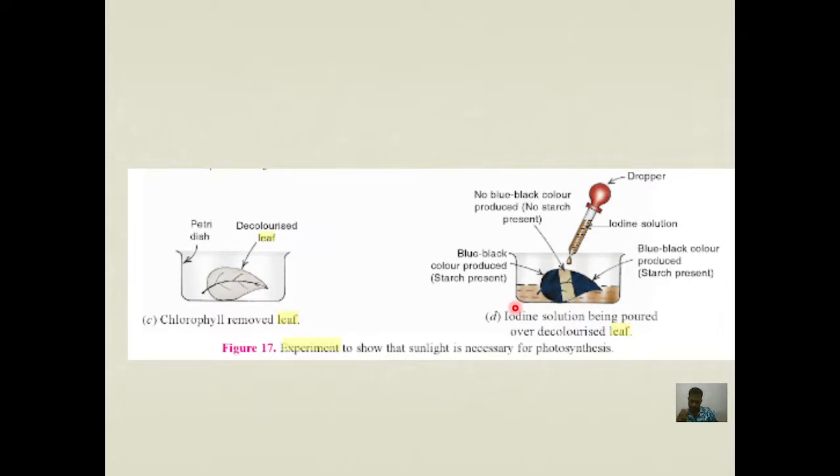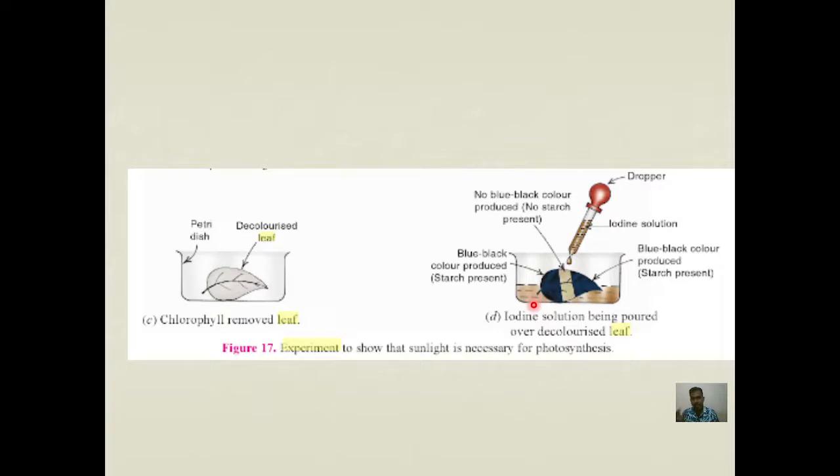So how do you confirm whether the leaf part has done photosynthesis or not? In order to prove that, when you add iodine solution, there will be a color change. What is the color change? You can see the blue black color change when you add the iodine solution on the green part of the flowering plant leaf.